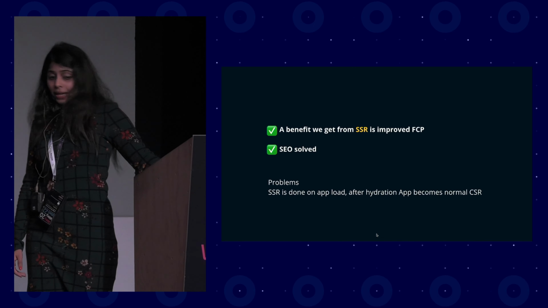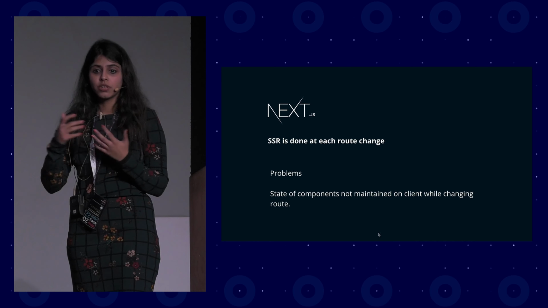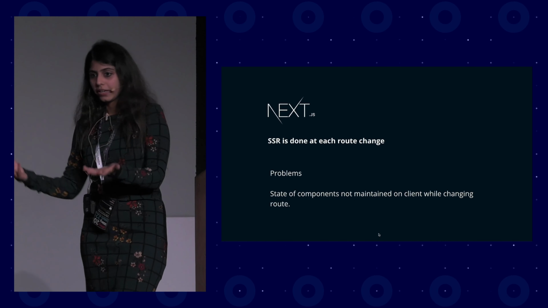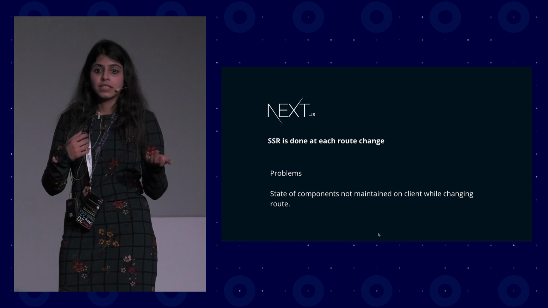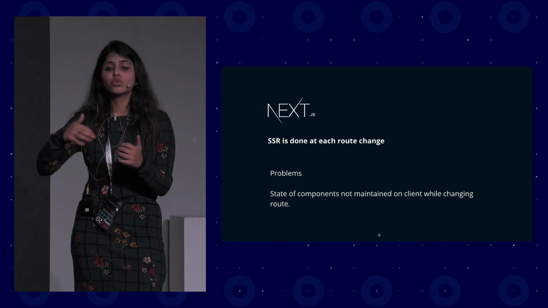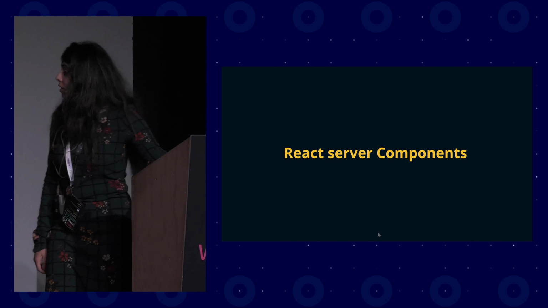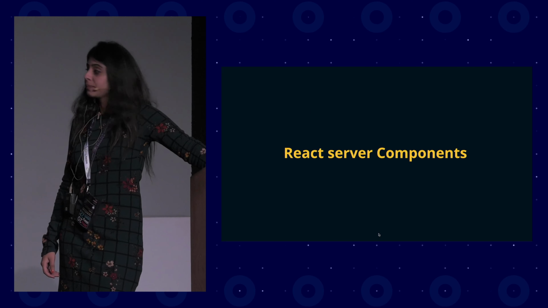Now, some of you might say that with Next.js, you can create multiple routes, and on each route, you can do server-side rendering. But the problem is that the state of client components is not maintained as you switch between those routes. And that's why we got this another concept, which is React server components.